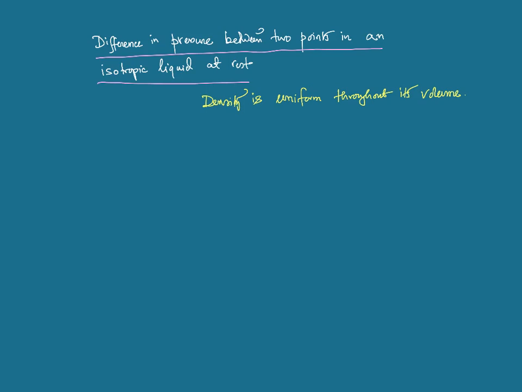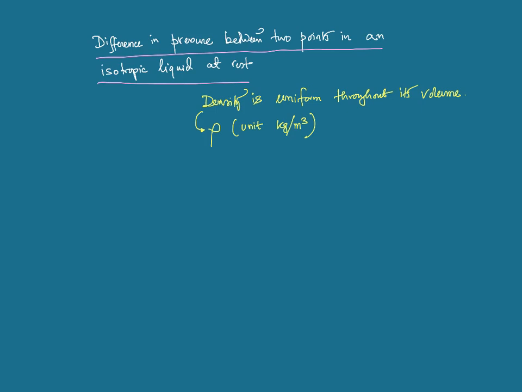So density is constant. Density is denoted by rho. It has the SI unit of kg per meter cube, right? Difference in pressure between 2 points in an isotropic liquid at rest.